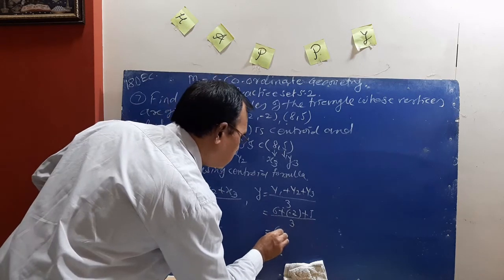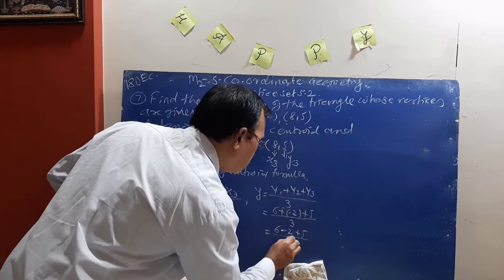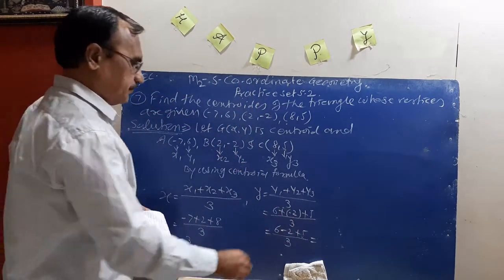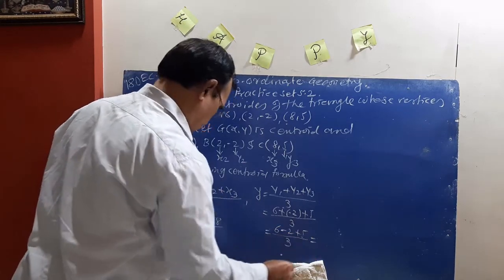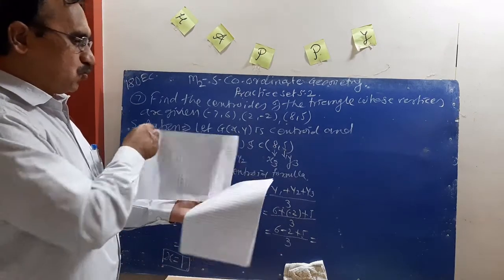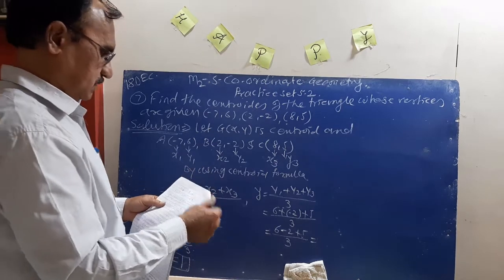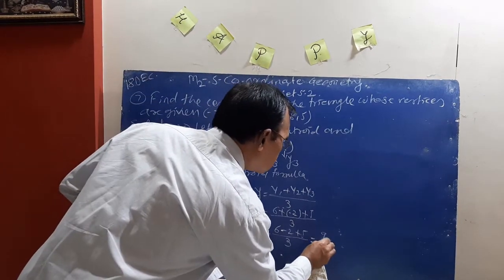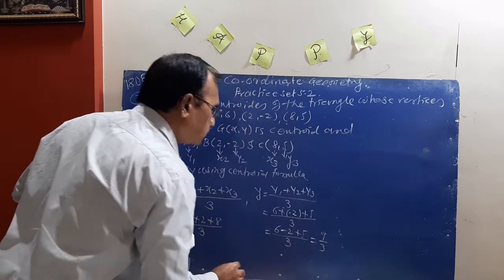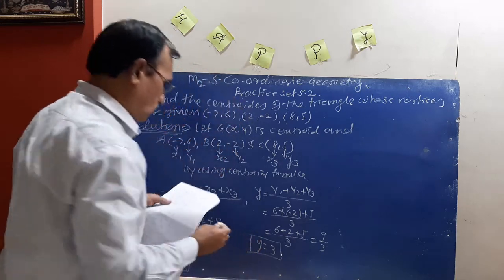After opening the bracket, it will be as it is. 6 minus 2 plus 5 divided by 3 is equal to 6 plus 5 is 11, minus 2 is 9, divided by 3, and therefore 3 3s are 9, and therefore y is equal to 3, the required y coordinate.